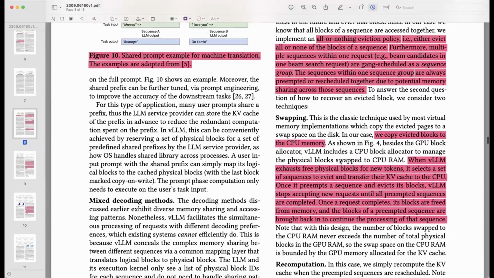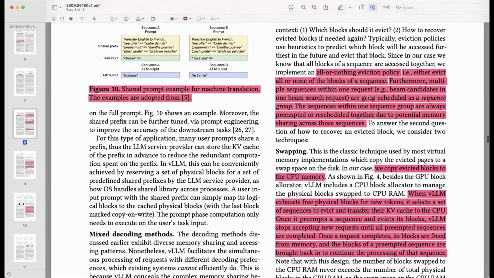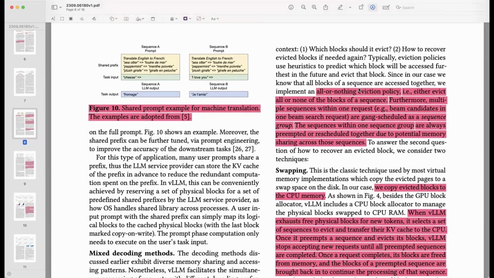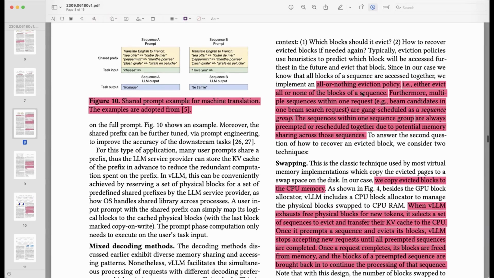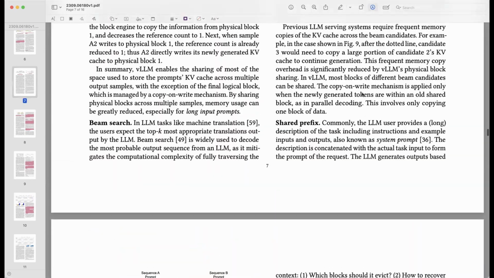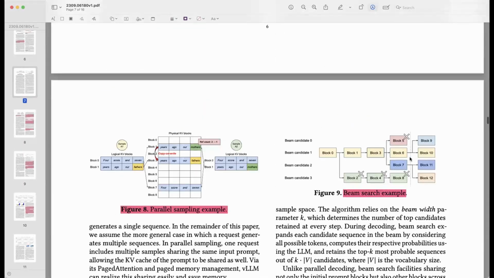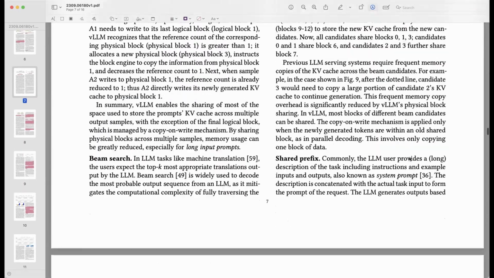One of the things they do differently is that they don't move individual blocks to CPU. They move the blocks for an entire sequence, or an entire request, to CPU. So they don't evict per block, they evict per sequence. Especially in this beam search example, they evict the entire beam search to CPU.